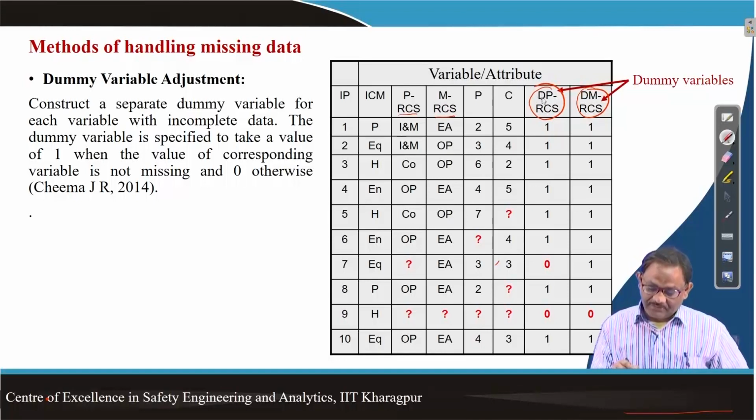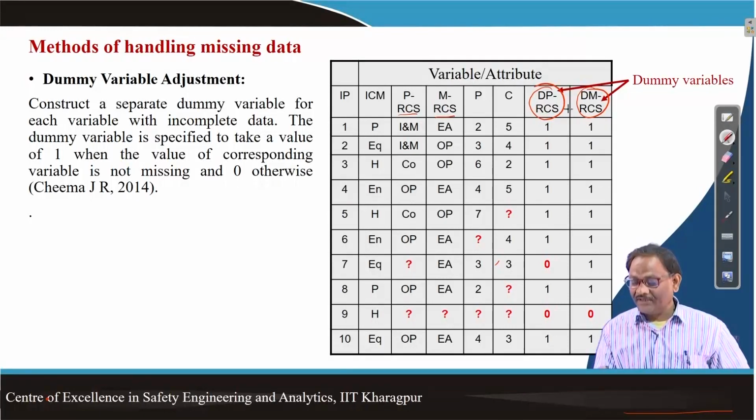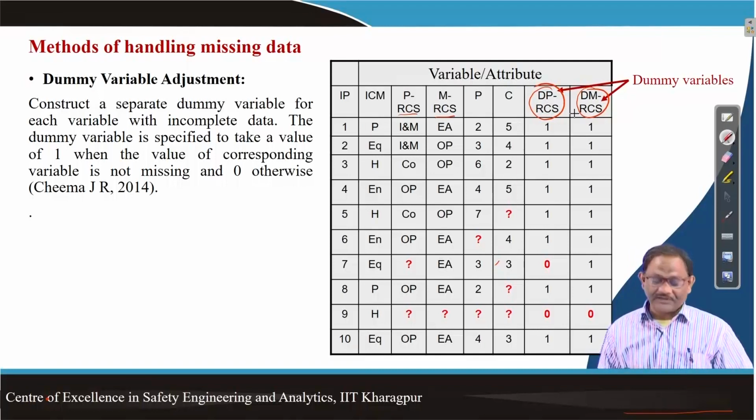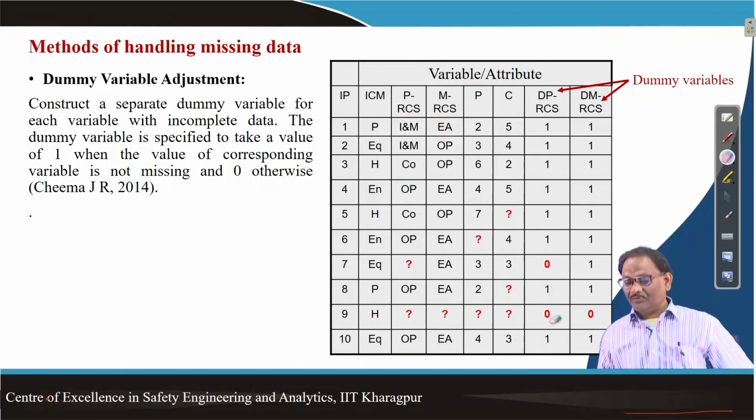Wherever data is there, put 1, wherever values are missing, you put 0, and you can use this dummy MRCS, dummy PRCS for subsequent analysis. This is known as dummy variable adjustment. When you have a dummy variable, you keep the original variable as well as the dummy variable in the analysis. Then that will give you more insight.